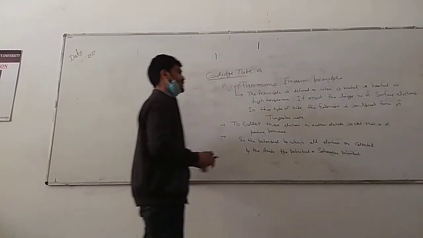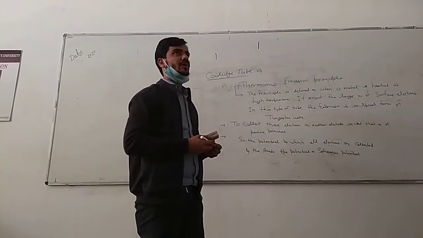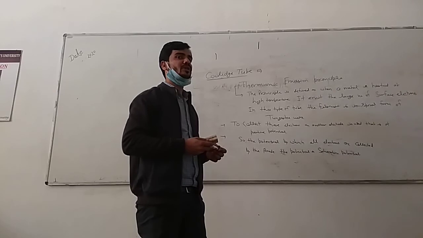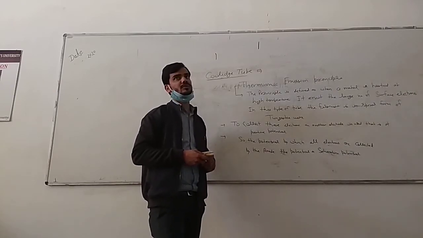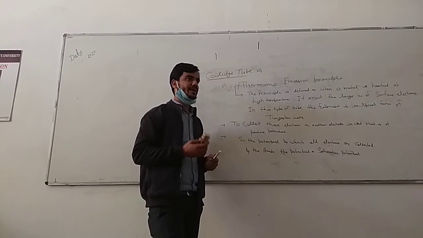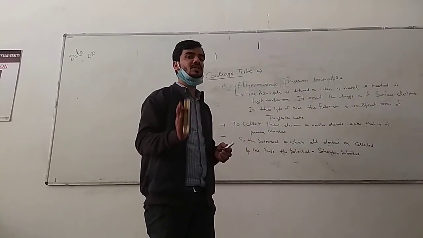In the Coolidge tube, there is no production of electrons by ionization. The electrons are produced only by the thermionic emission principle.